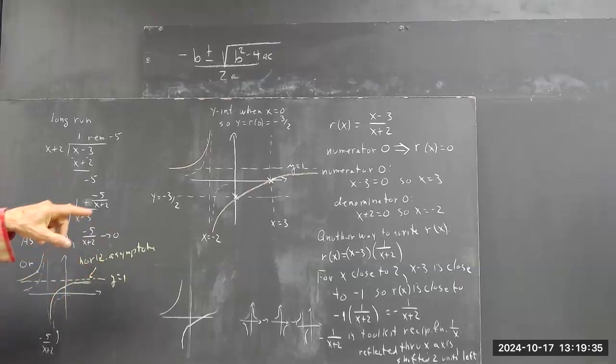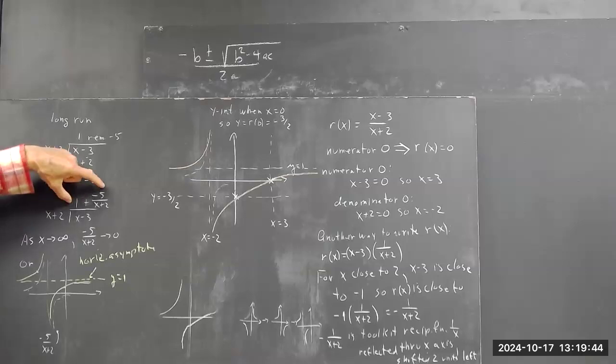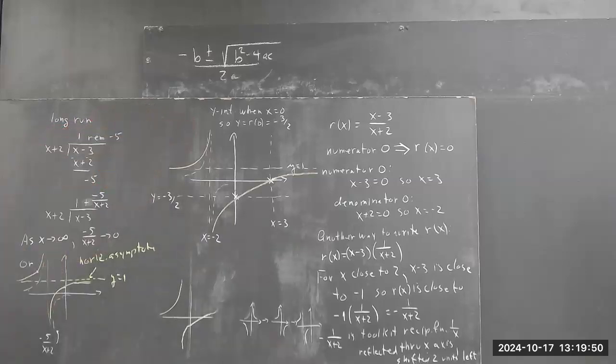So this is another form of r of x. If you put all this over the common denominator, x plus 2, you're going to get what we have over there. Then I said, as x goes to infinity, -5 over x plus 2 goes to 0. That was confusing. I think that's where we stopped and I paused the video.